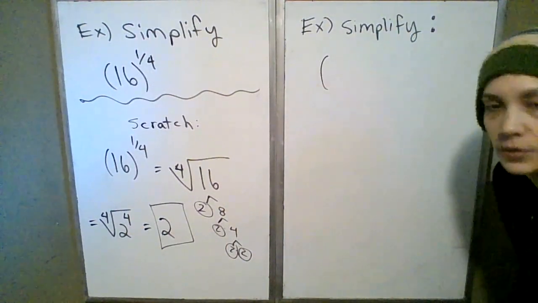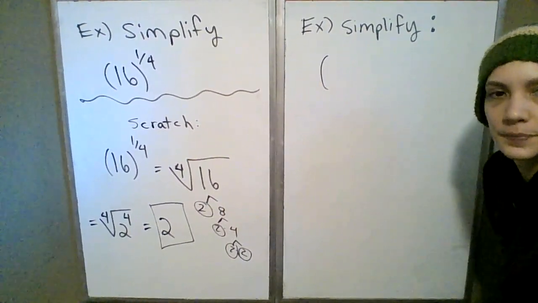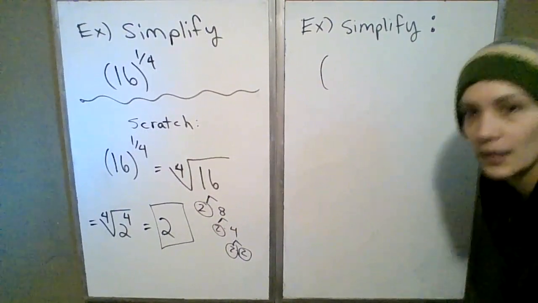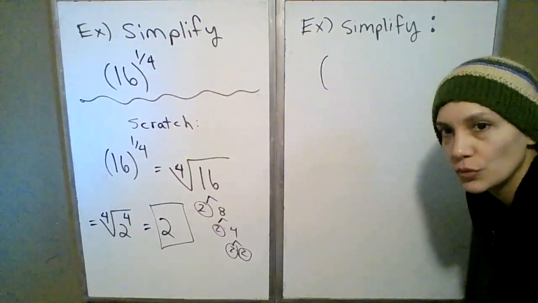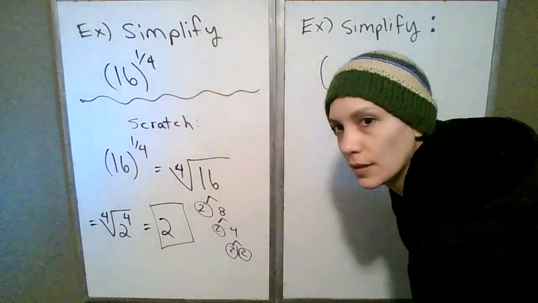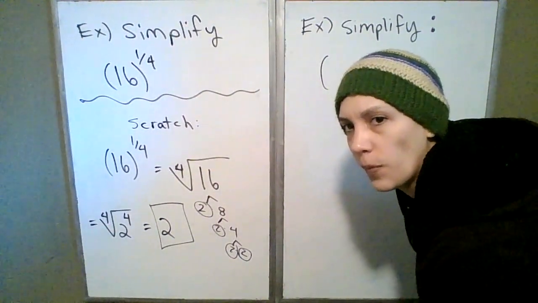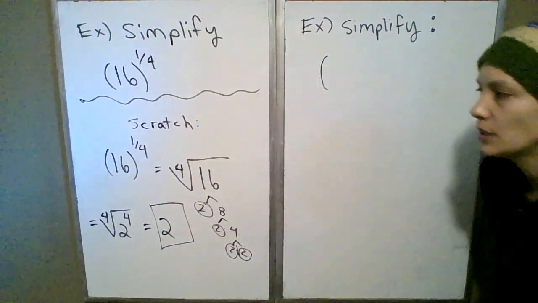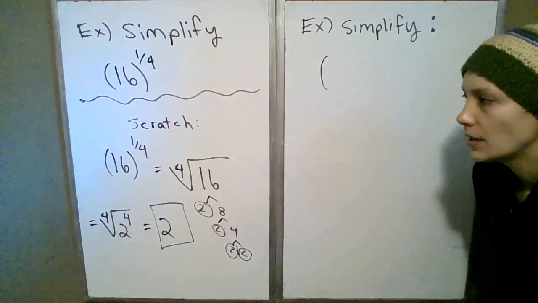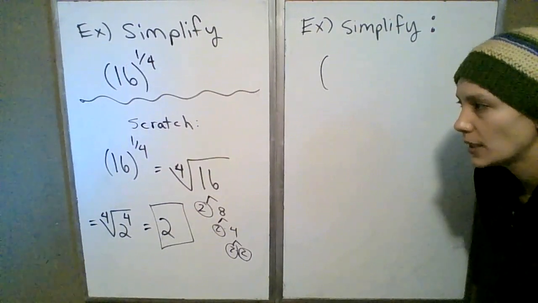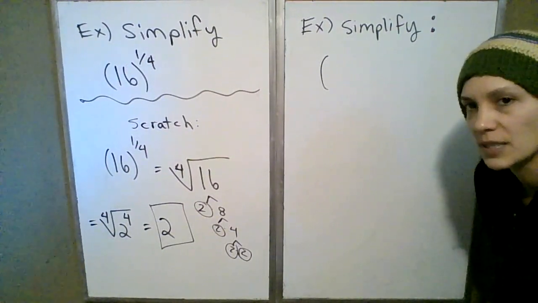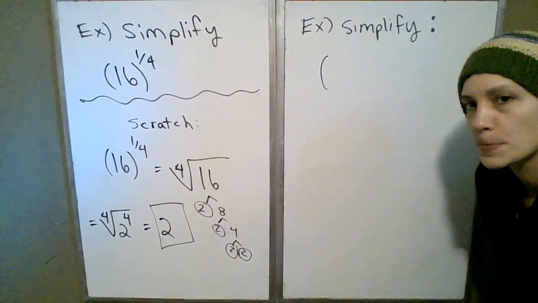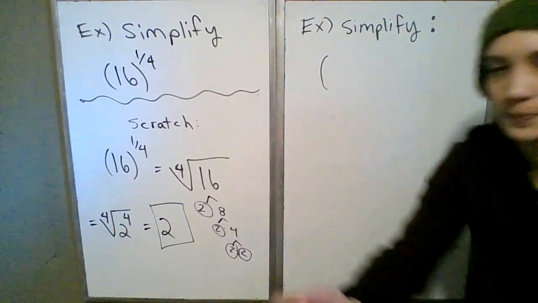Oh, cool question. So the question is, why not change the fraction to a decimal and then have that as the power? Let me think about it for a second.